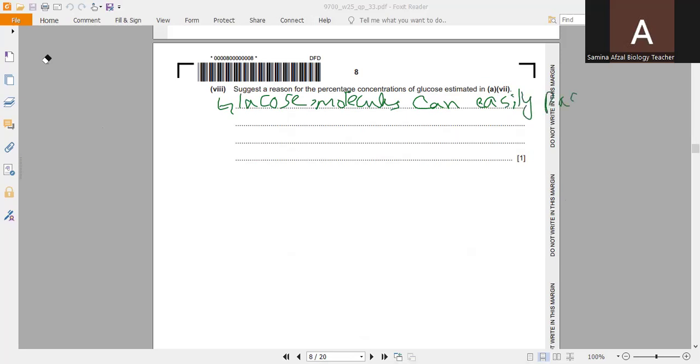Easily pass through the pores of dialysis tubing.